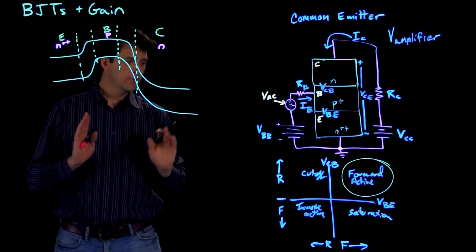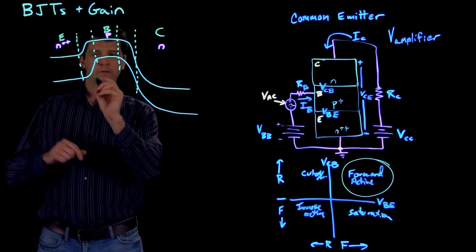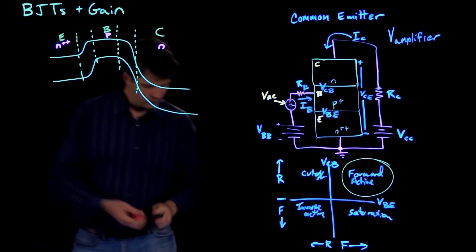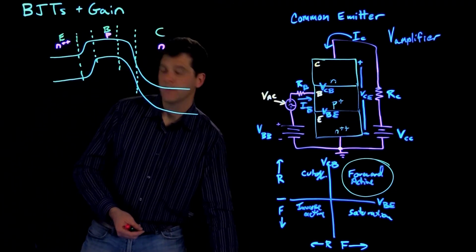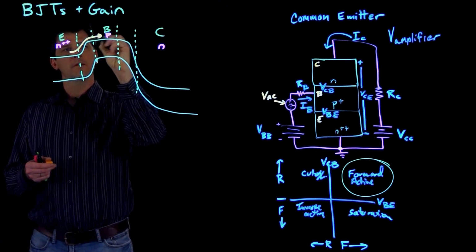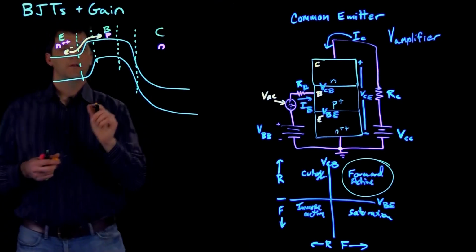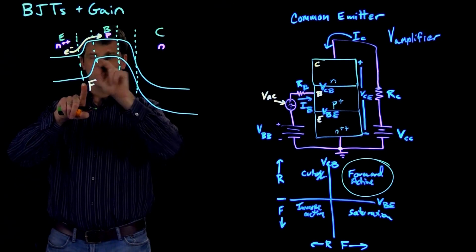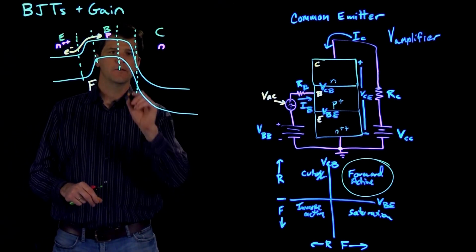So in forward active, this one is forward biased, so you're injecting these little orange electrons. So this is a forward bias junction, and the depletion width is shown between the dotted lines.